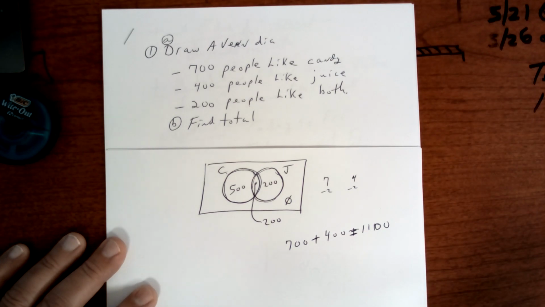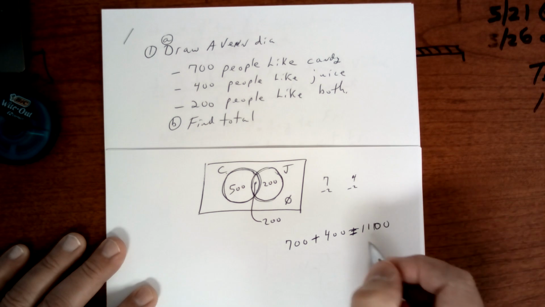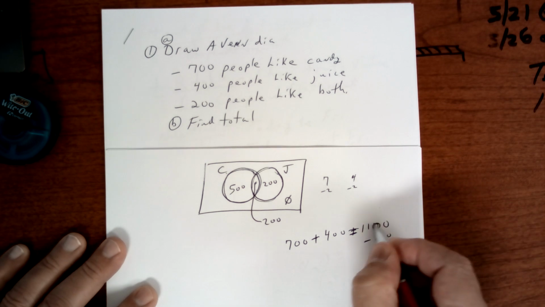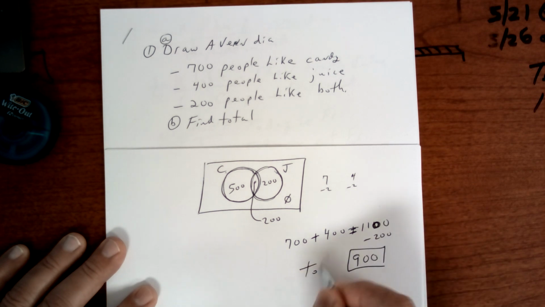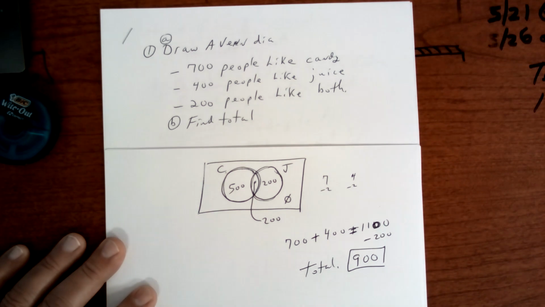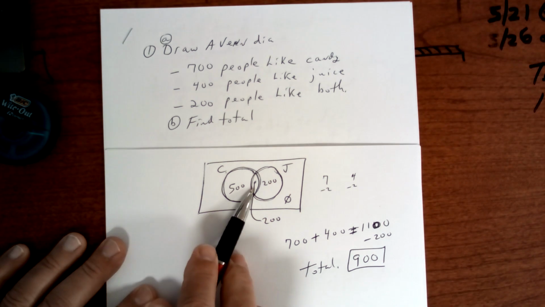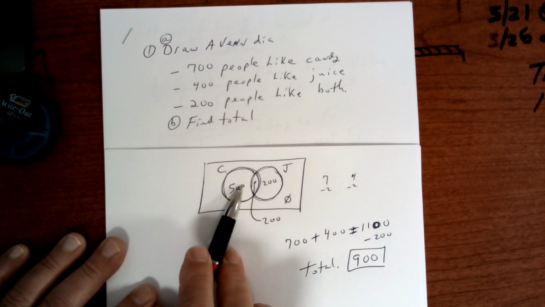So you have to subtract 200. And when you subtract 200, you get a total of 900. And that's the total. Okay? So again, you have an overlap of 200 for each circle, so you got to subtract it once. So that's 700, 800, 900.